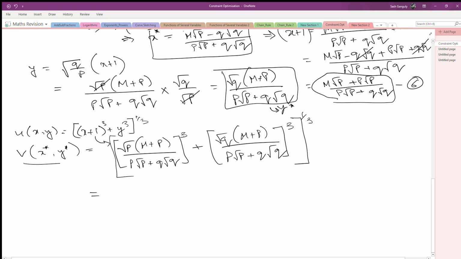This root p cube, we can write that separately, root p cube times m plus p whole cube. And again, this p root p, we can write that as root p whole cube. And this q root q, we can write that as root q whole cube.